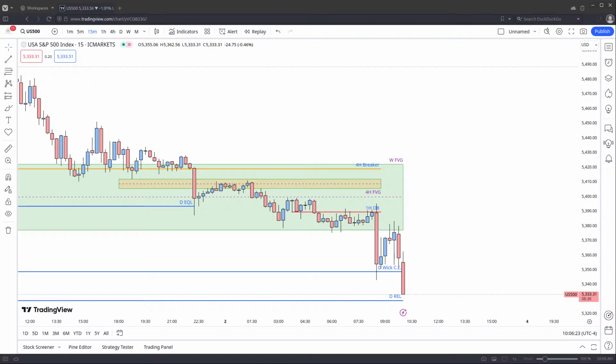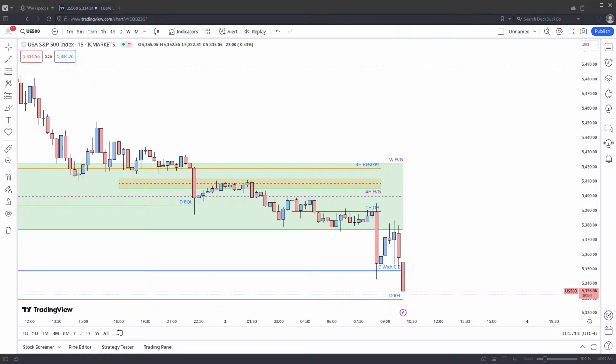And maybe that might be your niche that you like to see price for, as per example, this inversion over here. You might want to see price trade into this consequent encroachment of this inversion, and you might be looking to take an entry at the rejection of that and trade off lower. That might be something that you might be looking at, and that could be your model.